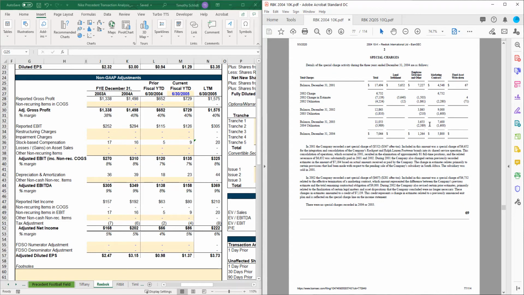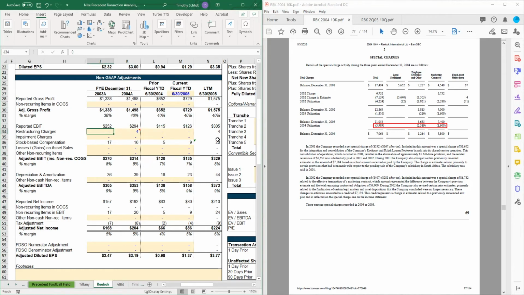I'm looking at 2004, and we can see I have 2389 plus the 1600. The total is 3989. So let's put that here. That would be 2004. So we'll just say 2.389 plus 1.6. And that would be PDF page 77 of 2004 10K.